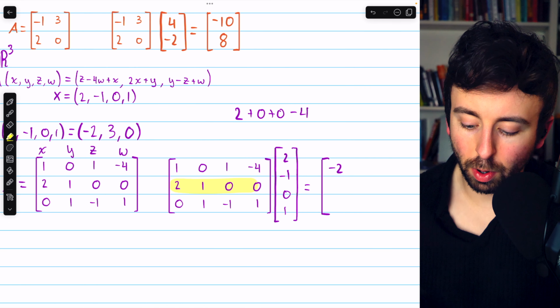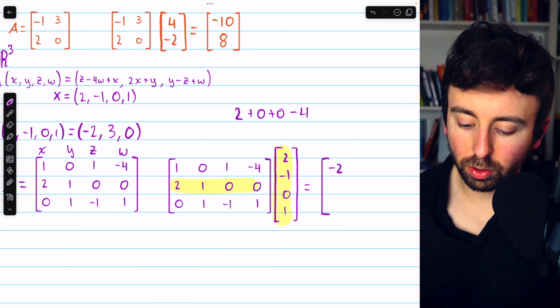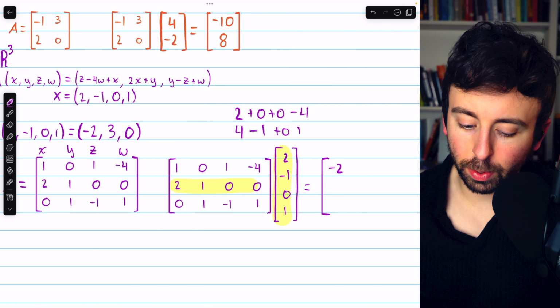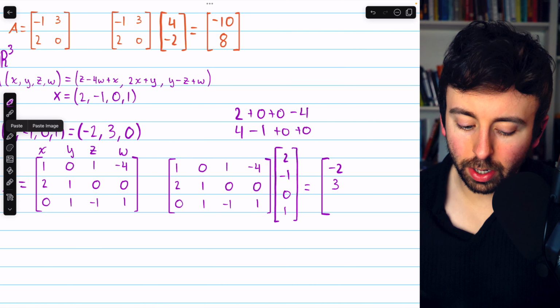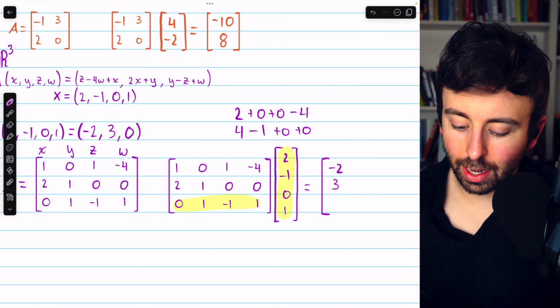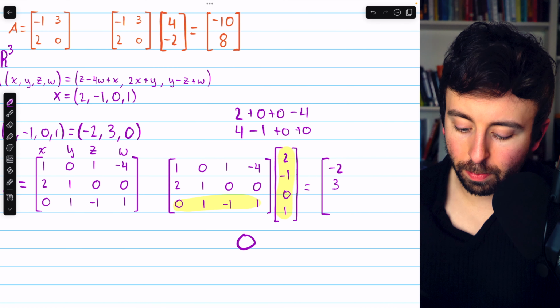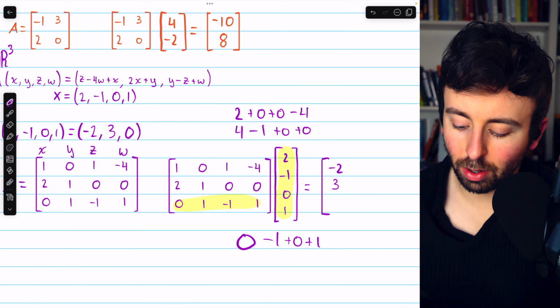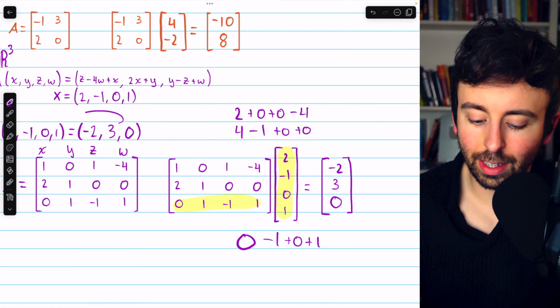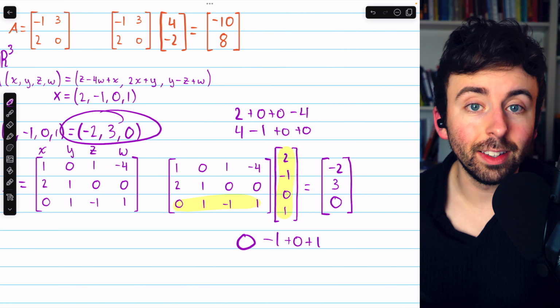Then we would have this row matched up with this column, which is going to be 4 minus 1 plus 0 plus 0, so 3. And then for our last component, we would have this row matched up with this column, and that's going to be 0 minus 1 plus 0 plus 1, and so that is 0. This, of course, agrees with the answer we expected, negative 2, 3, 0.